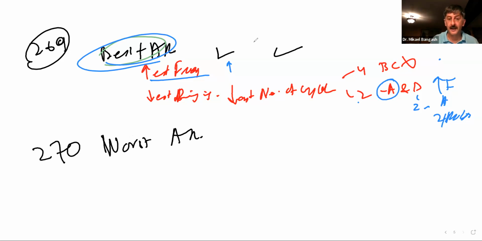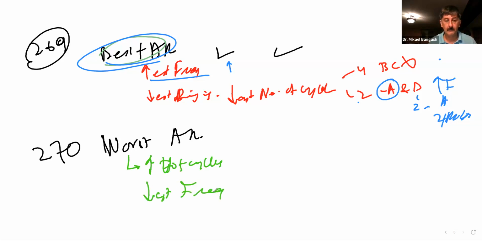For worst axial resolution, what we mean is the greatest number of cycles and the lowest frequency. Did you ladies get that? Yes. So again, the same mechanism.